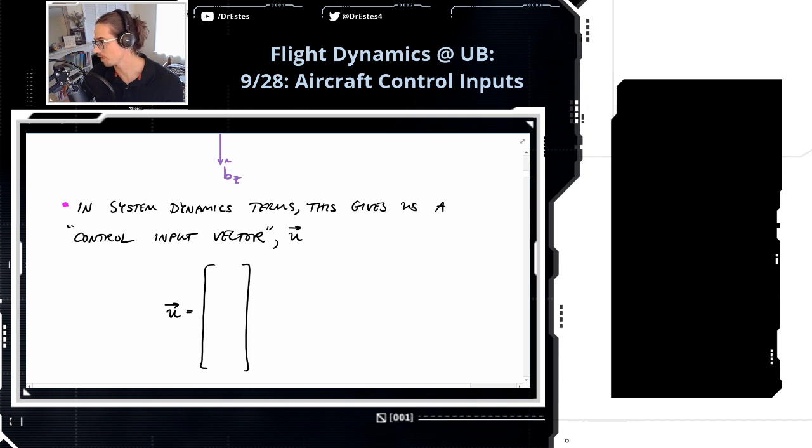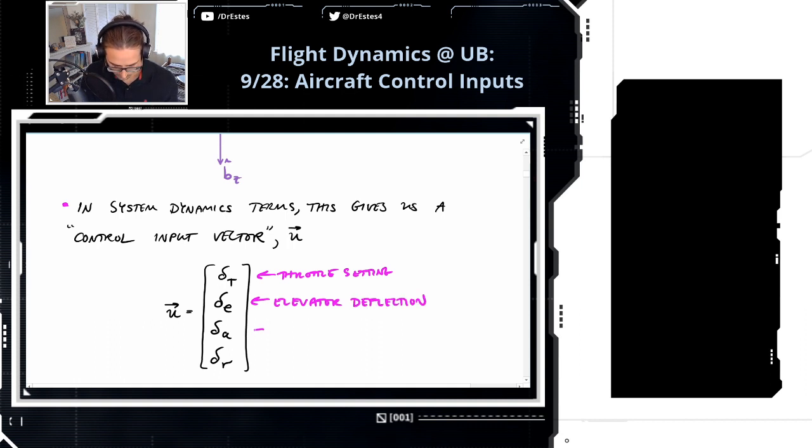And there's going to be four elements to this vector. It's 4 by 1. Delta T, delta E, delta A, delta R. So we'll have our throttle setting, elevator deflection, aileron deflection, and rudder deflection.